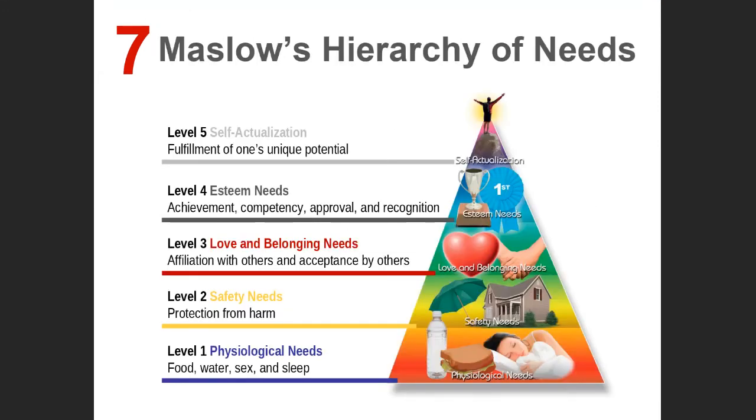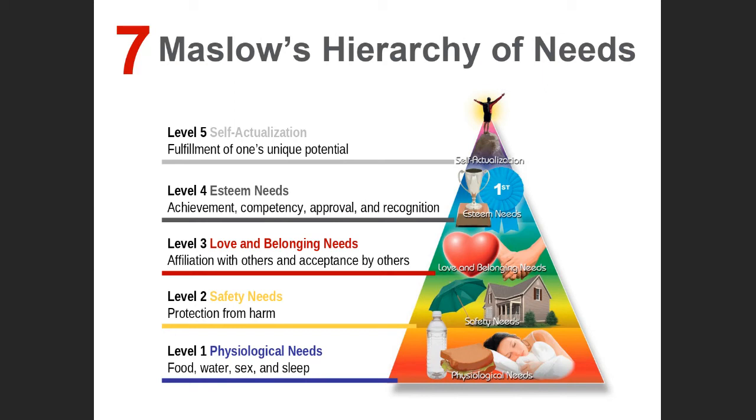thinking about Maslow's hierarchy of needs. He was a humanistic psychologist, and he stated that we have these different levels of emotional needs, or needs that we need to fulfill to reach our highest potential as human beings. We start at the very bottom and move all the way up.